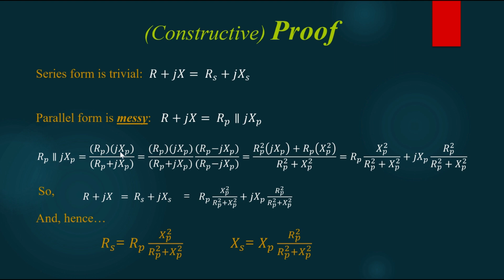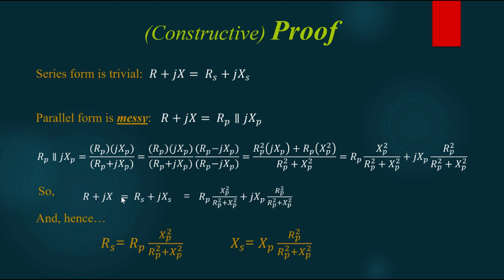I like to use the product over the sum of the two parts, and that's what this first term is. The next step is to multiply top and bottom by this stuff in parentheses here. So this is basically multiplying it by 1, so it's equal to this. But the reason we're multiplying it by R sub P minus JX sub P is so that the denominator will go to a real number, which is shown here.